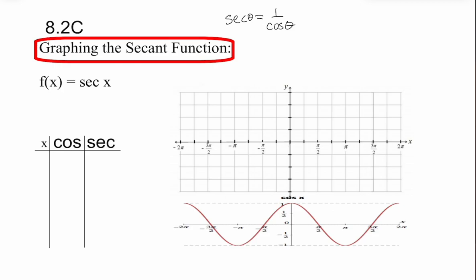So we have learned, from the unit circle and from our graphing, that at 0 we are at 1. At pi over 2 we're back at 0. At pi we're at -1. At 3 pi over 2 we are at 0. And at 2 pi we are at 1. Now remember, our cosine works like this.